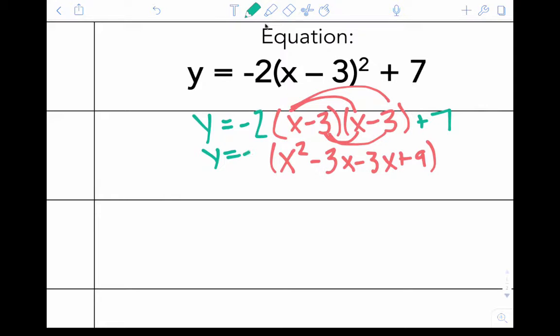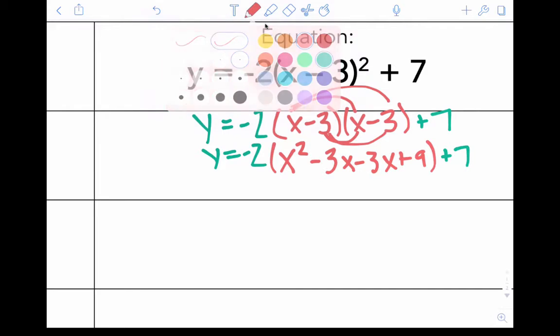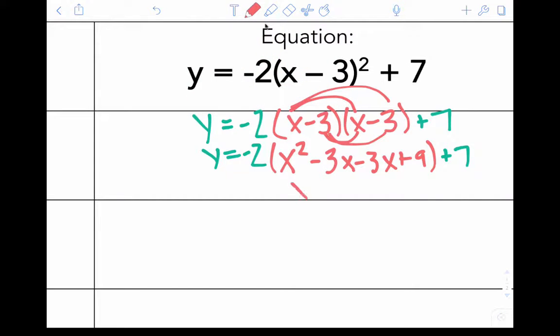And now inside this parentheses, I can simplify one more step and make it x squared minus 6x plus 9. And this is still y equals negative 2 times that plus 7. So that's all that I do on my first step. And that is the biggest step because I need to multiply it out and then simplify it and everything.